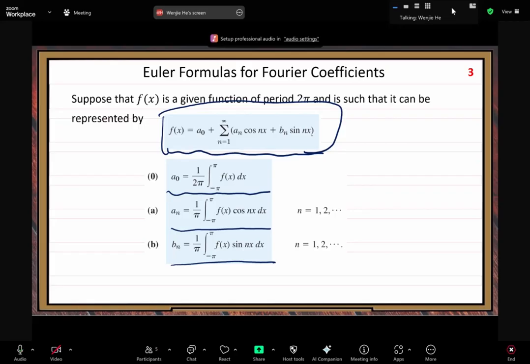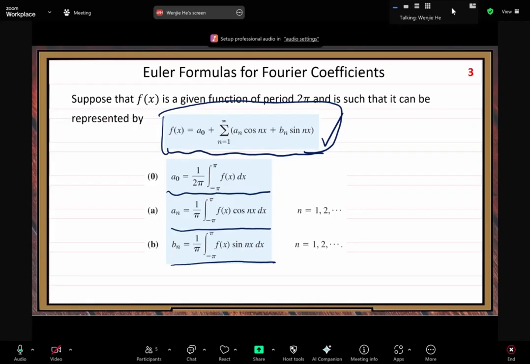But after many years, and after a lot of improvement, because a lot of mathematicians needed to study the convergence. The convergence is an important issue. After they proved the convergence result, then this result could be accepted.